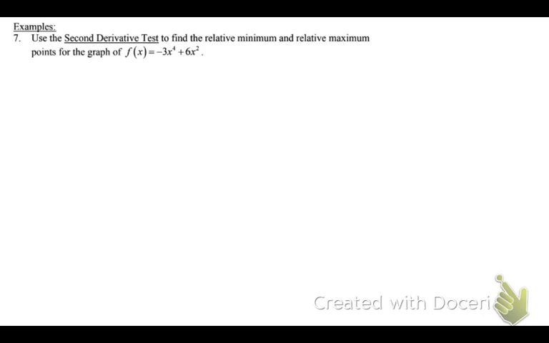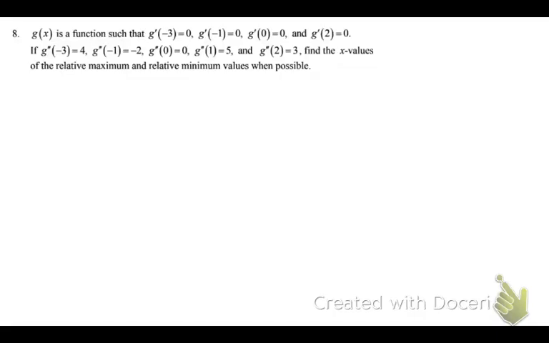Use the second derivative test to find the relative min and relative maximum points for the graph f of x equals negative 3x to the fourth plus 6x squared. Since they're specifically saying use the second derivative test, we will find our second derivative.